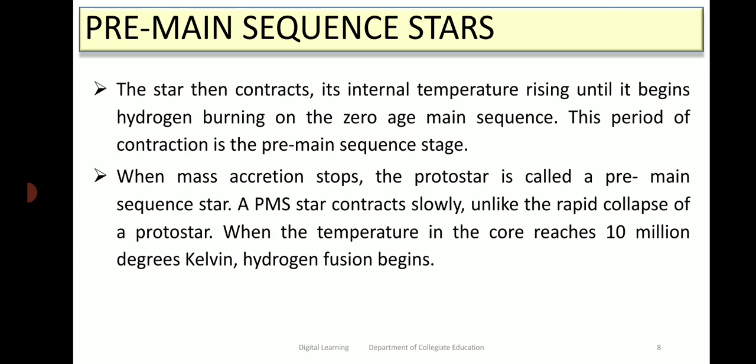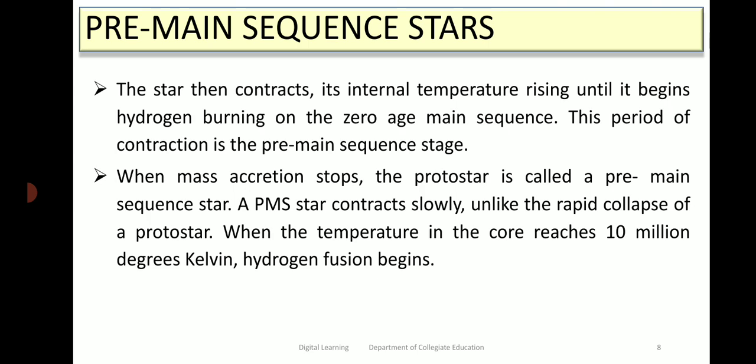The star then contracts, its internal temperature rising until it begins hydrogen burning on the zero age main sequence. This period of contraction is the pre-main sequence stage.